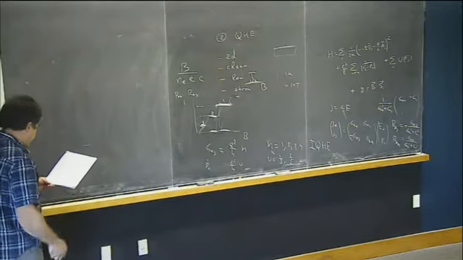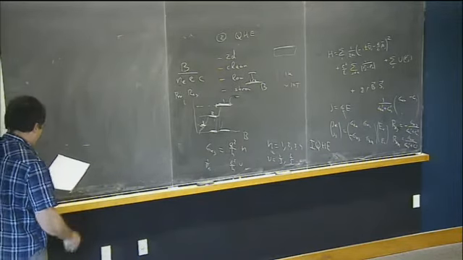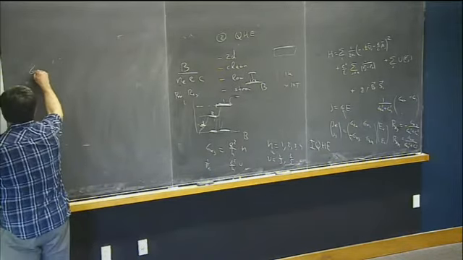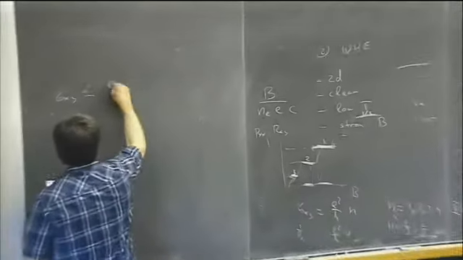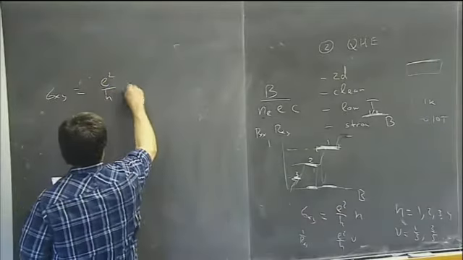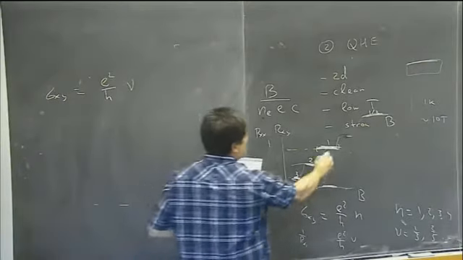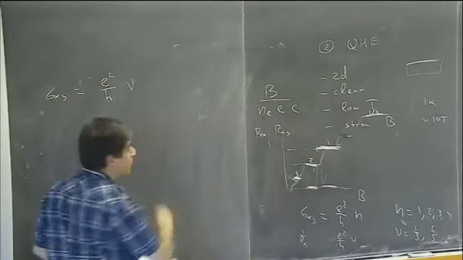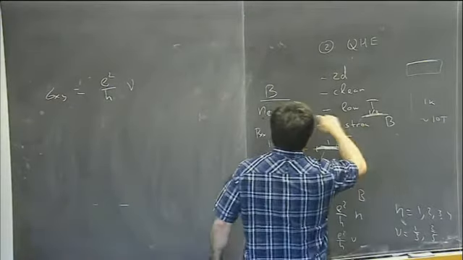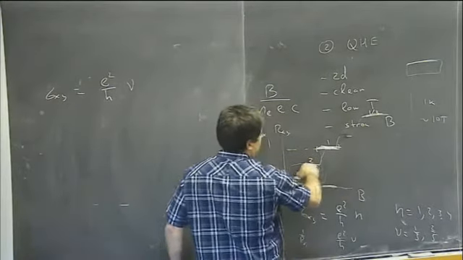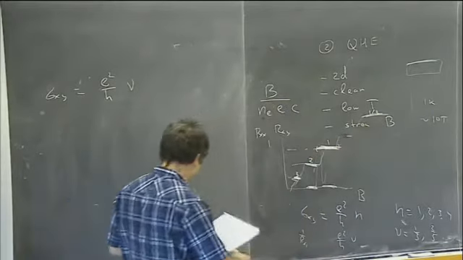Just a trivial exercise is to take the formula for sigma xy, which is observed on plateaus, e squared over h times nu. So on plateaus, this is the formula. Nu equals 1, 2, 3, 4 is the integer Hall effect, and nu equals 1/3 is, for example, fractional.